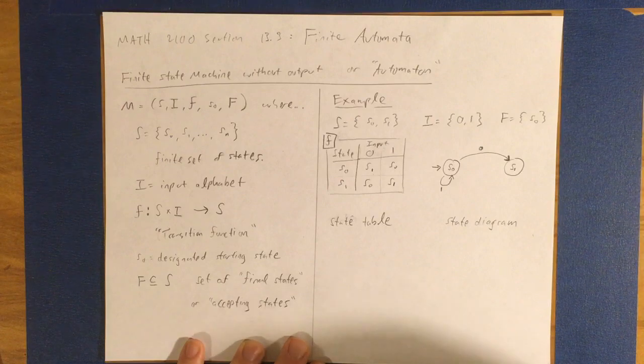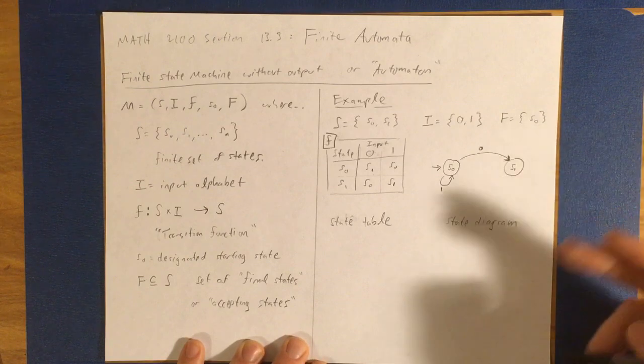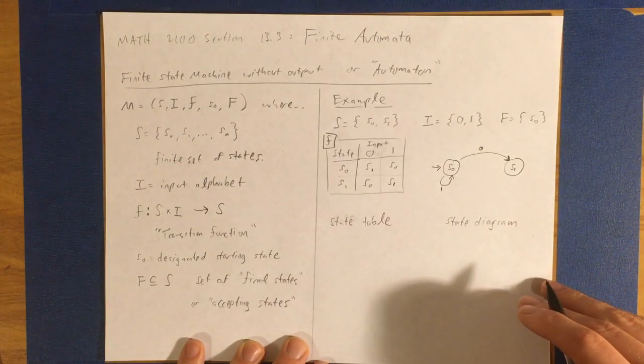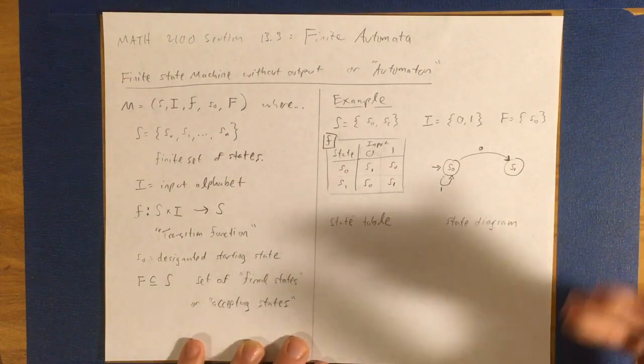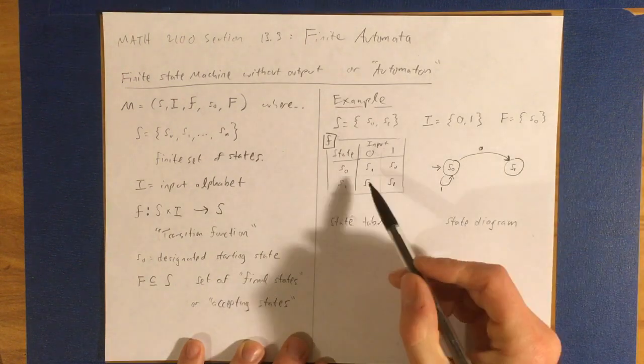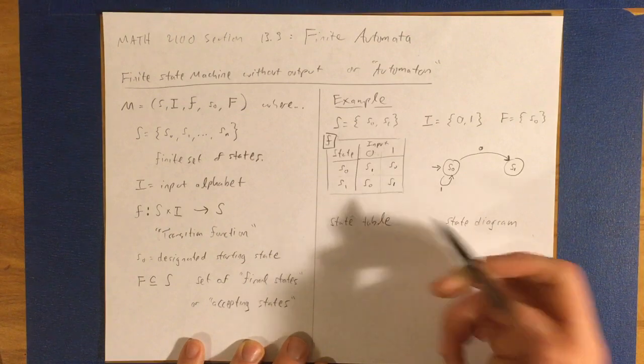So you'd have the arrow leaving for the 0 input and the arrow leaving for the 1 input. So that's making sure that the diagram is complete, right? That it tells you what to do in every possible circumstance. Every single one of these grid possibilities is represented in the diagram.